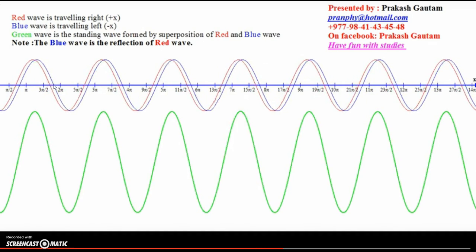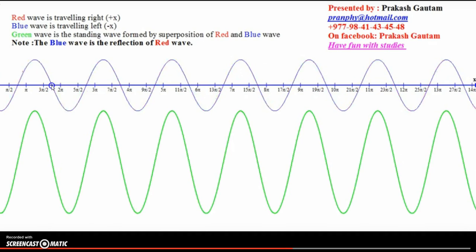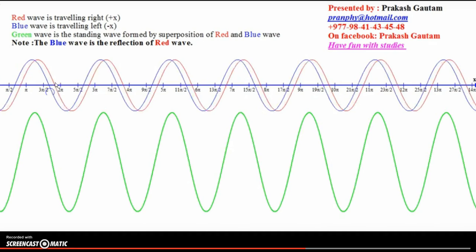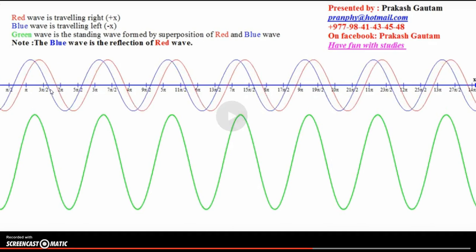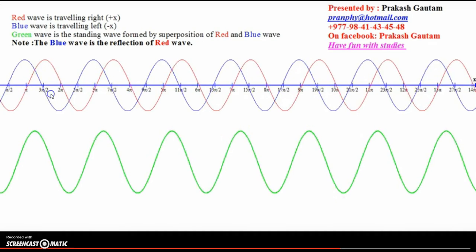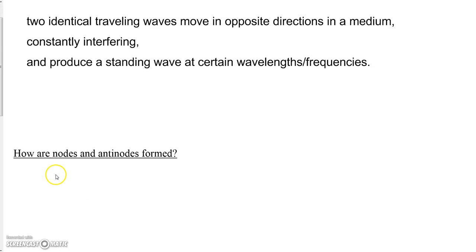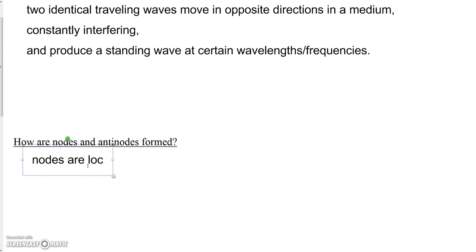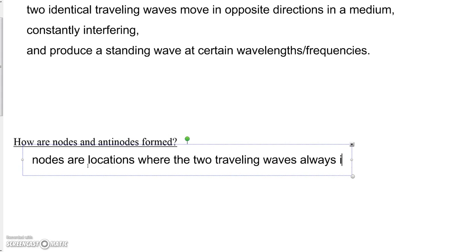Right here, still red is negative, blue is positive. And then they cross, and then now red is positive and blue is negative. And no matter how far forward in time I go, even if I stop here, at this location where my mouse is, at this node location, red is positive, blue is negative. So you always have destructive interference at the node. One wave is always positive, the other is always negative. So let's write that down. Nodes are locations where the two traveling waves always interfere destructively.